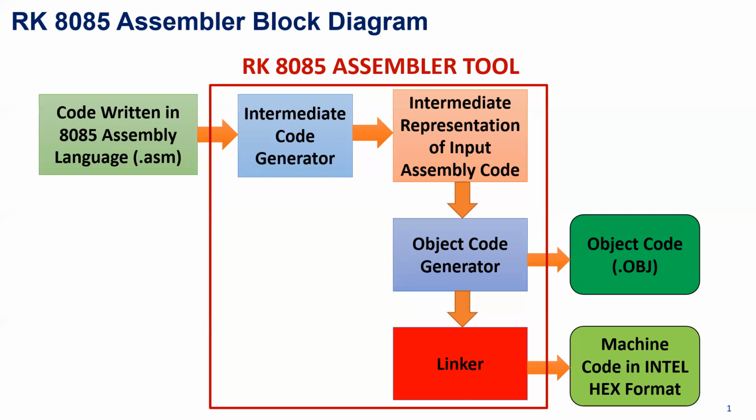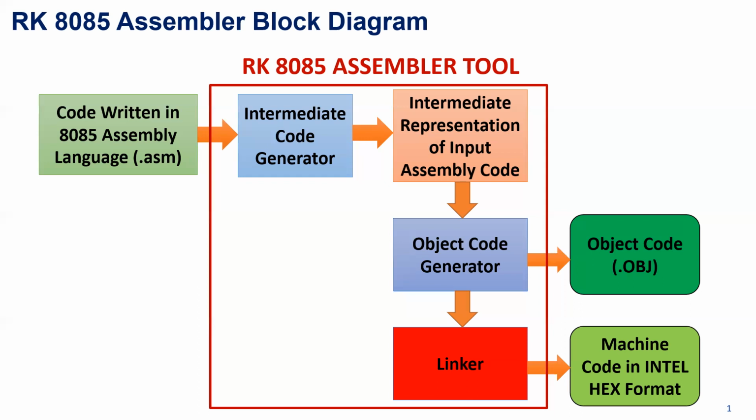But this machine code is not in the Intel hex format. It is just some addresses, and there are machine codes line by line in the other column. We can call this object code, with a .obj extension.